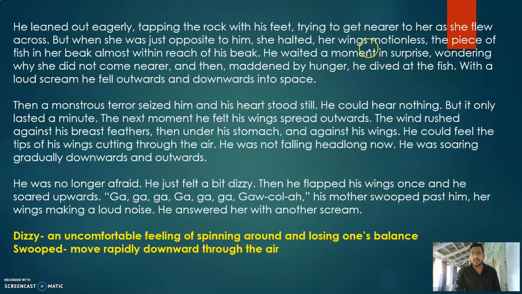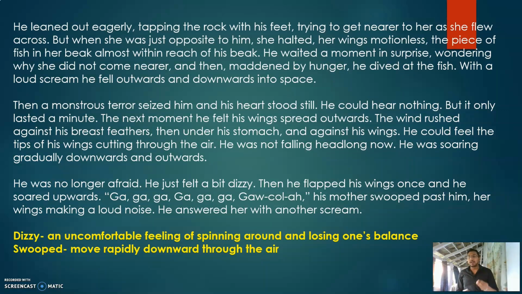He waited a moment in surprise, wondering why she did not come near, and then, maddened by hunger, he dived at the fish. With a loud scream, he fell outwards and downwards into the space. So firstly, he was thinking, why is my mother not coming towards me, why is she standing over there motionlessly. This is a trick of the mother to attract the seagull to jump towards the sea.